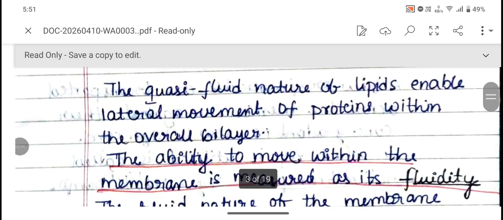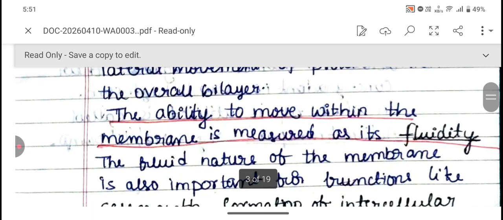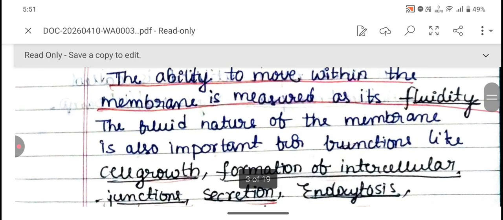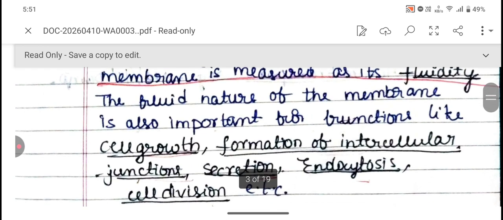The quasi-fluid nature of lipids enables the lateral movement of proteins within the overall bilayer. The ability to move within the membrane is measured as its fluidity. The fluidity is also important for functions like cell growth, formation of intercellular junctions, secretion, and endocytosis.